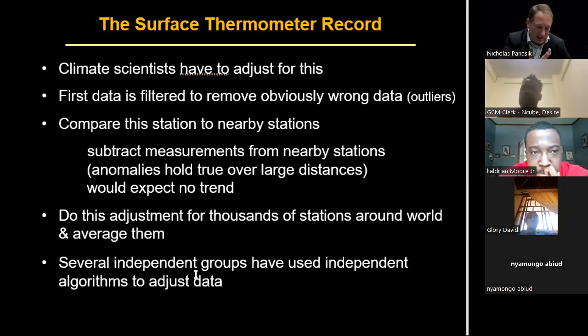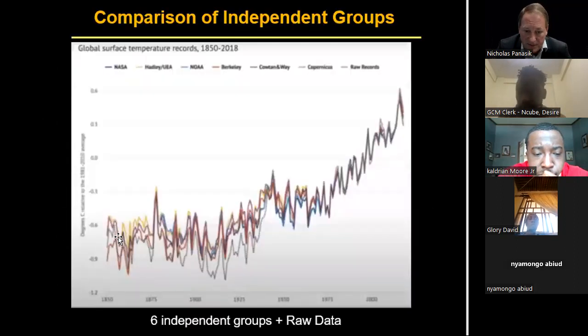And so some of these groups are many scientists, can be hundreds of scientists working on a data set. And then you get another group of 100 scientists working on the same data set, but they're doing it independently. And so what I'm showing you here is a comparison of different independent groups.